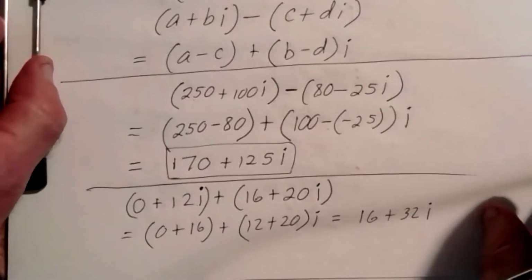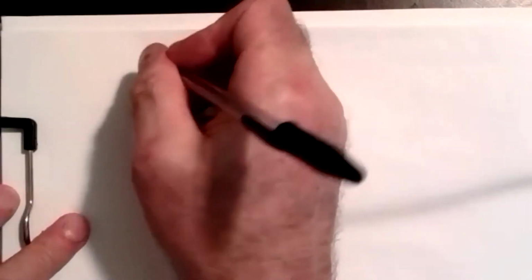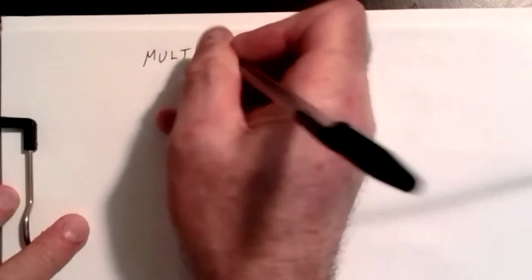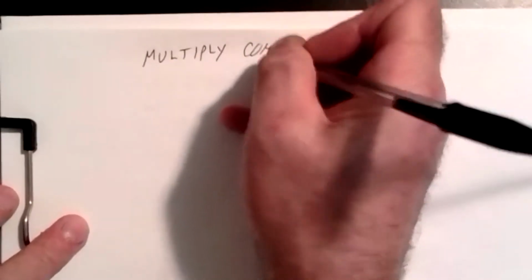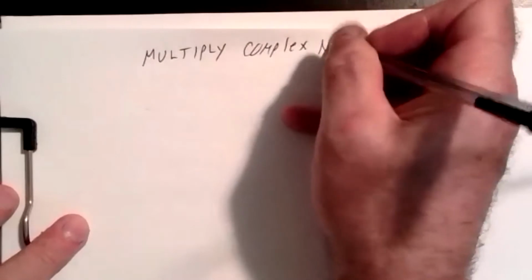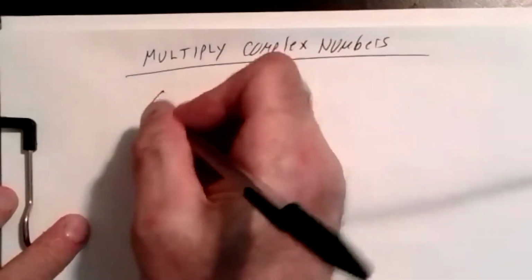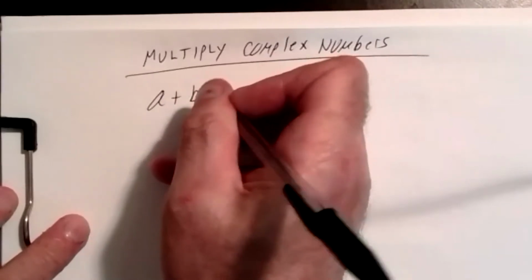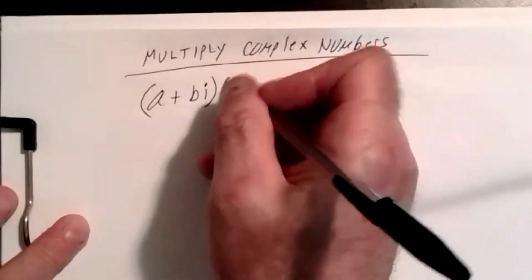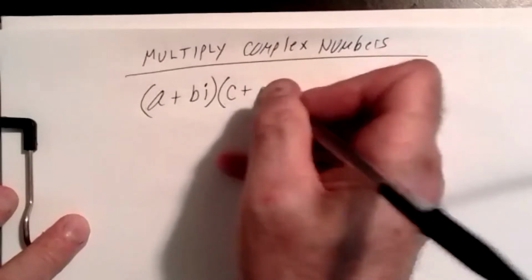Ladies and gentlemen, how do we multiply complex numbers together? Well, in general, if I have a complex number a plus bi, suppose I want to multiply this complex number by another complex number, c plus di.